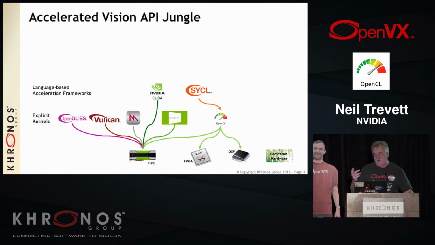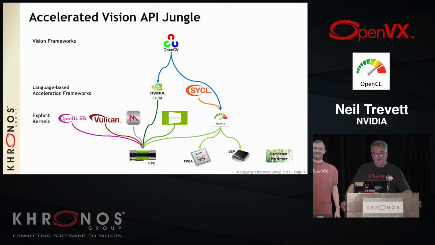In the Khronos ecosystem, we have the kind of equivalent to CUDA, which is SYCL, which is, again, a language-based approach. It's actually a single source language-based approach, which means you write a single source file that includes both your CPU code and your GPU code, using C++ as the programming language.